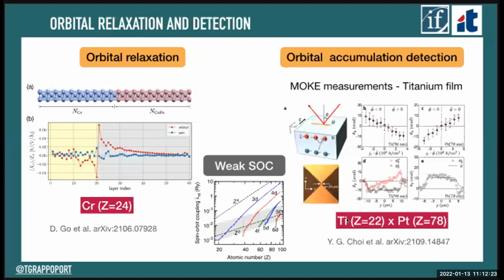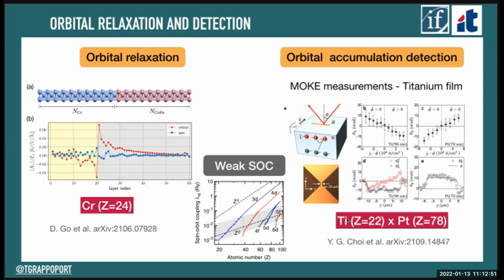Well, in analogy to spintronics, it's also necessary to transport an orbital current and detect it, right? And the main issue in experiments is that it is quite difficult to distinguish the spin and orbital angular momentum accumulations, because the way you detect is you see a magnetic moment, and they both have magnetic moments, and they are detected more or less in the same way.